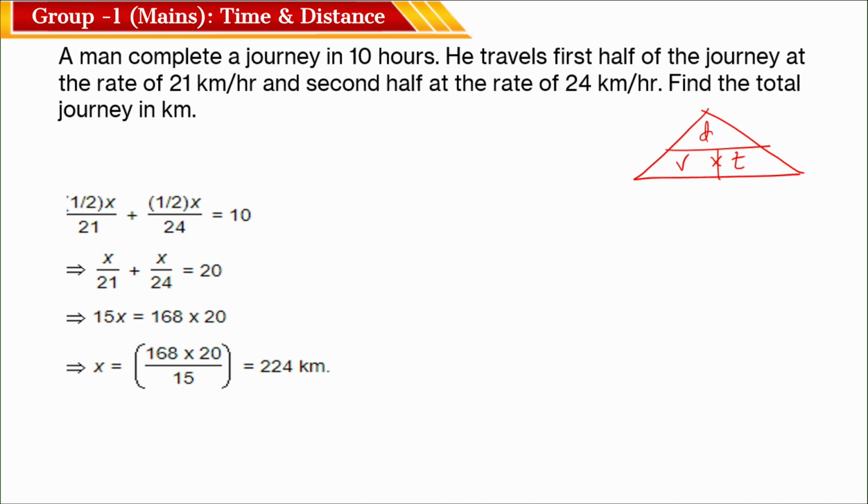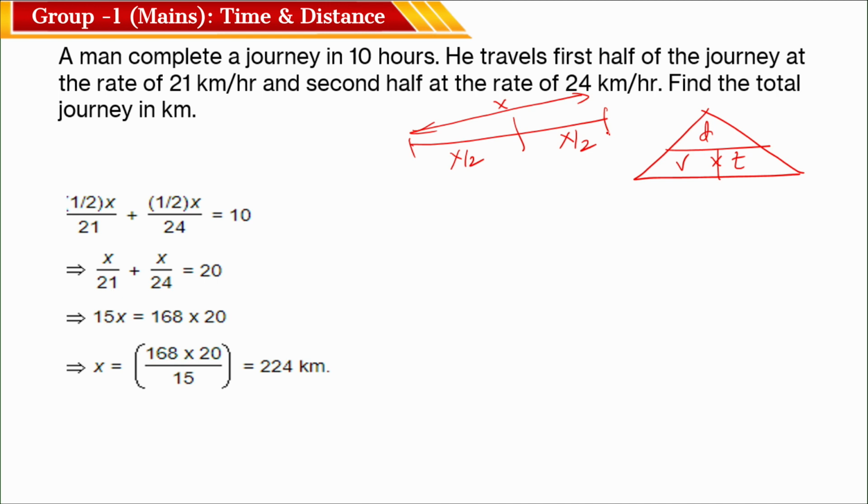Here the total distance travelled by him is not known, so say it is x. Half of it means x by 2 and the remaining x by 2.